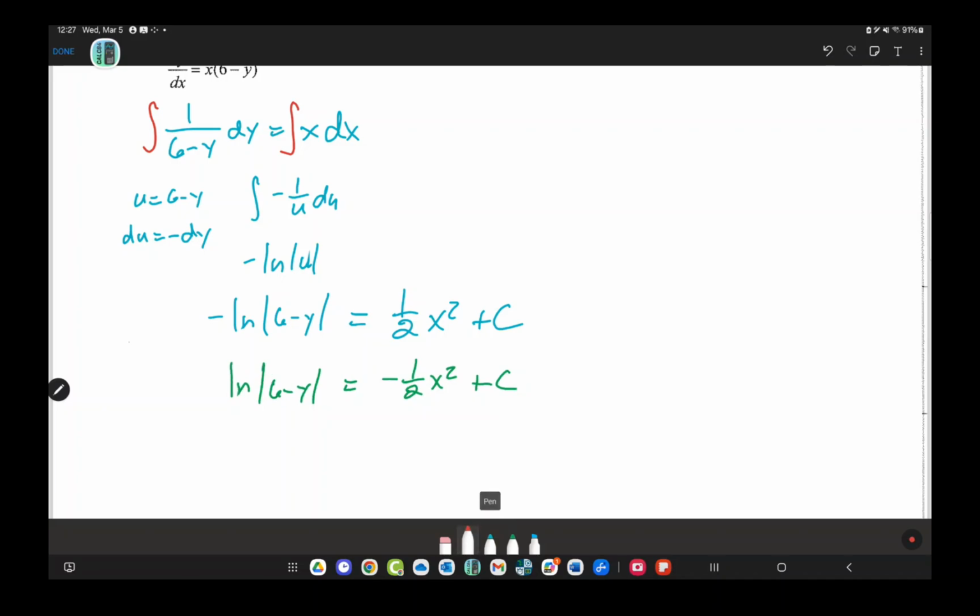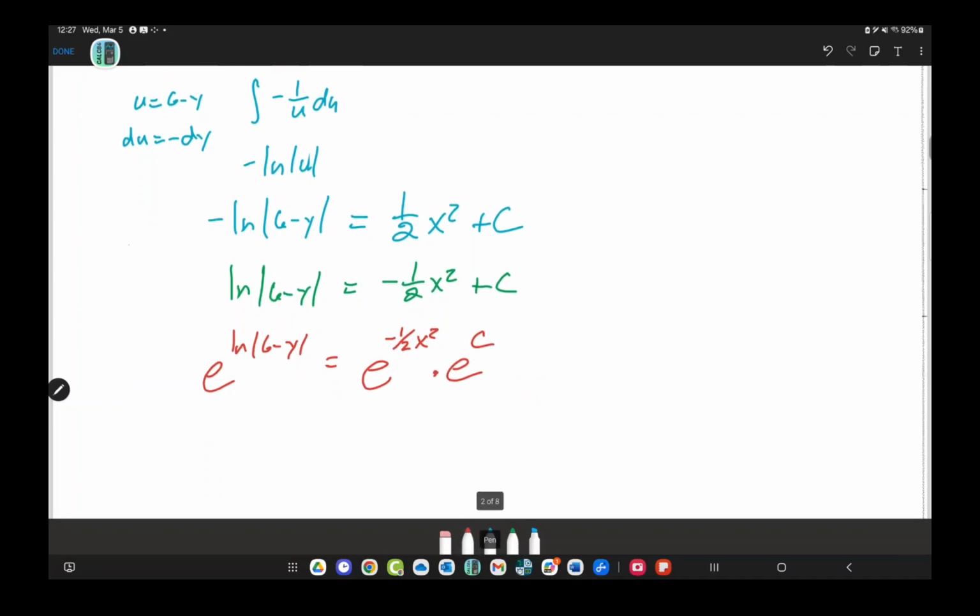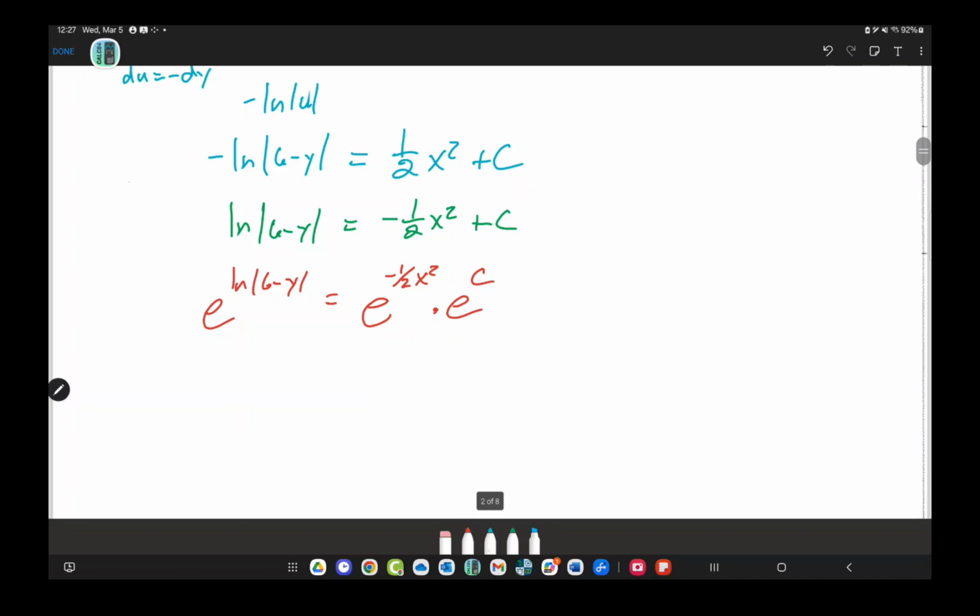Then we are going to do that: e to the natural log of 6 minus y equals e to the negative 1/2 x squared. Again, I'm going to write this as times e to the c, which we then can write as 6 minus y is equal to a e to the negative 1/2 x squared, which we can get rid of the absolute value when we bring in a.